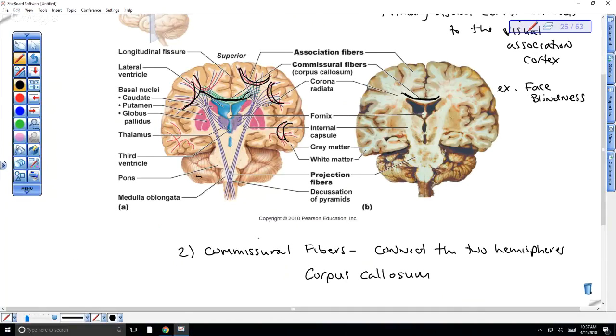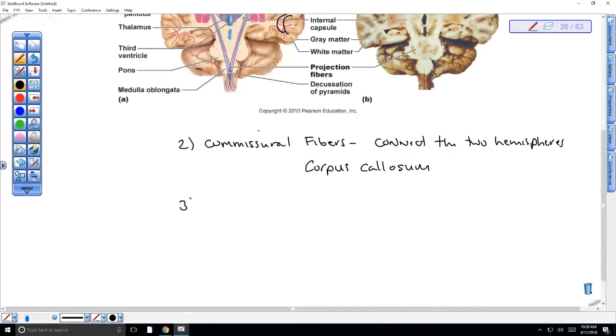And then we have the projection fibers. These are myelinated axons that extend down from the cortex towards the lower brain centers and into the spinal cord.